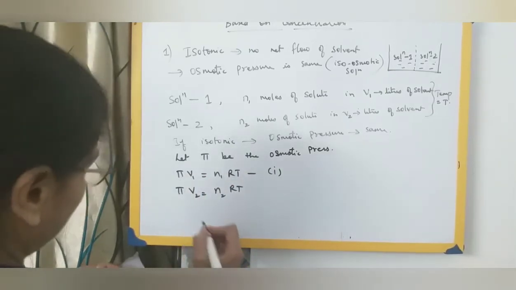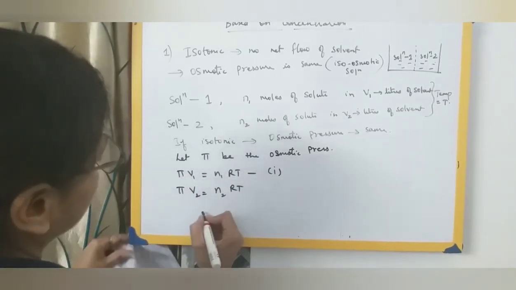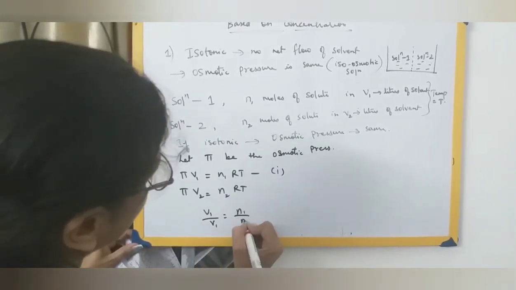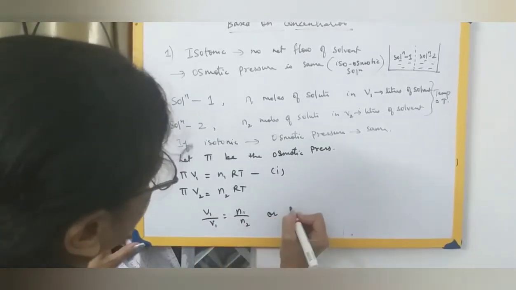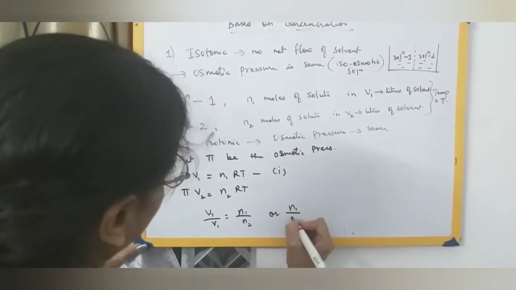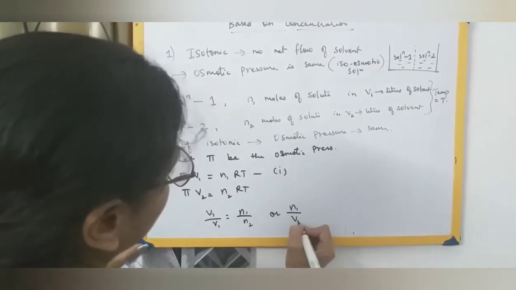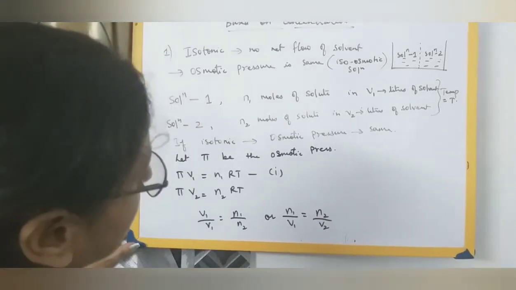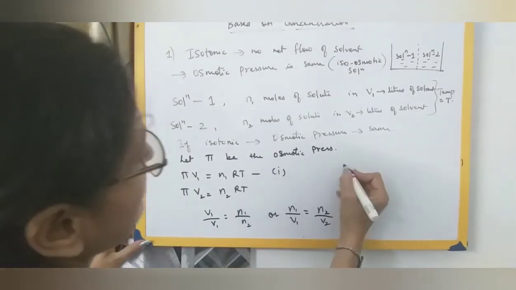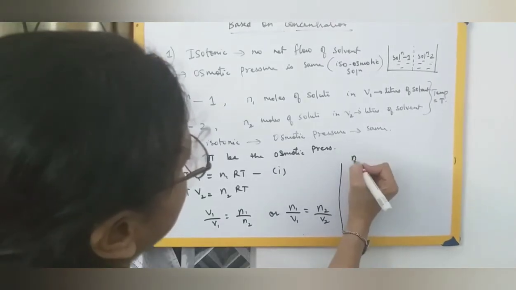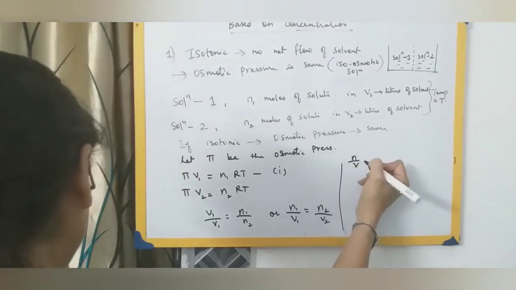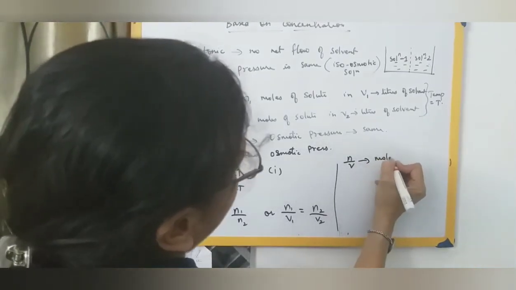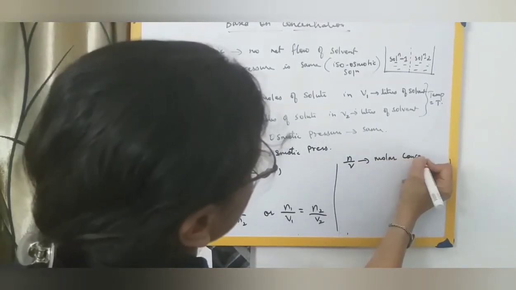So if we divide it, V1 by V2 is equals to N1 by N2, or we can also write N1 by V1 is equals to N2 by V2. If you just interchange it, there is this parameter, N by V. N by V represents what? Molar concentration.